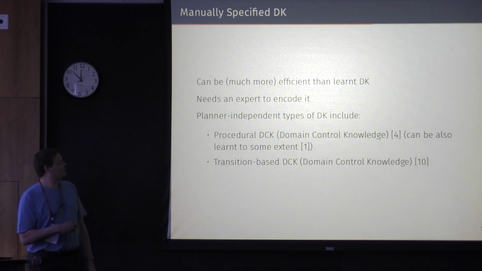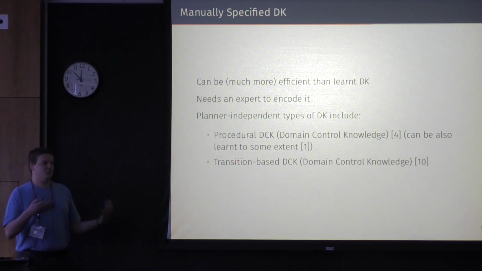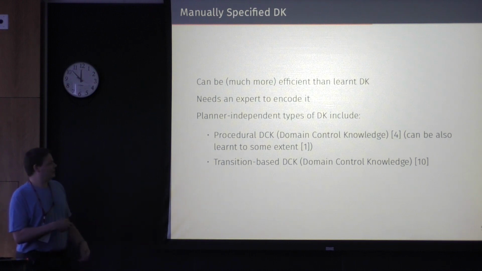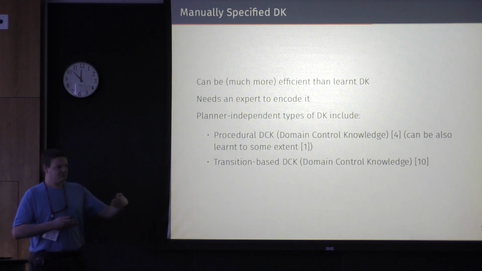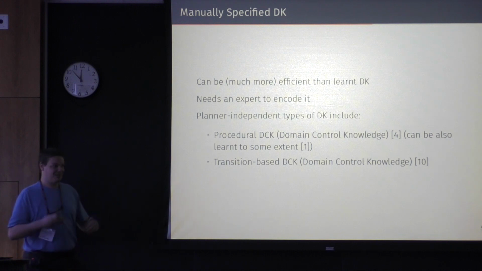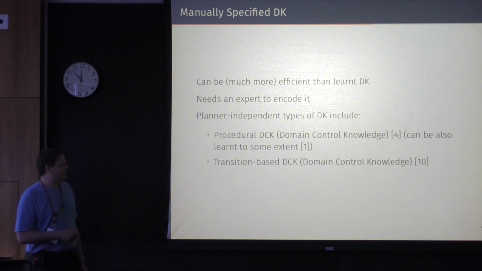Mostly this sort of domain knowledge, like procedural knowledge or transition-based control knowledge, requires you to know how the plans should look. In other words, you are encoding domain-specific features or a domain-specific algorithm into a planner-independent scenario.